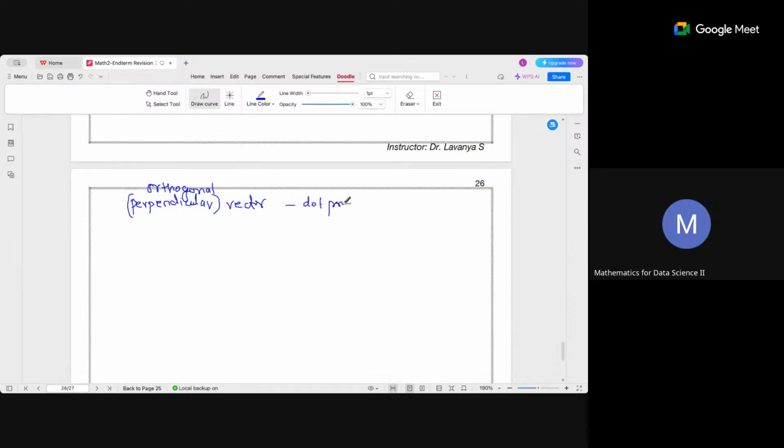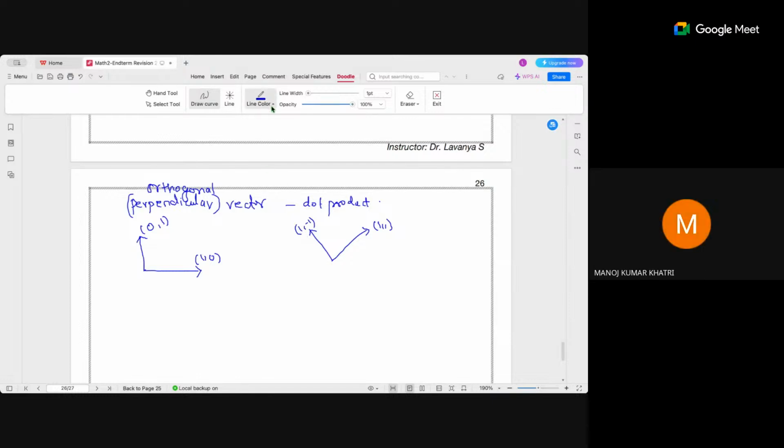Theta should be 90 degrees. So you see that if a vector is, say, 1 comma 0, you know that this is orthogonal to 0 comma 1. Or if you take the vector 1 comma 1, then it is orthogonal to 1 comma minus 1.